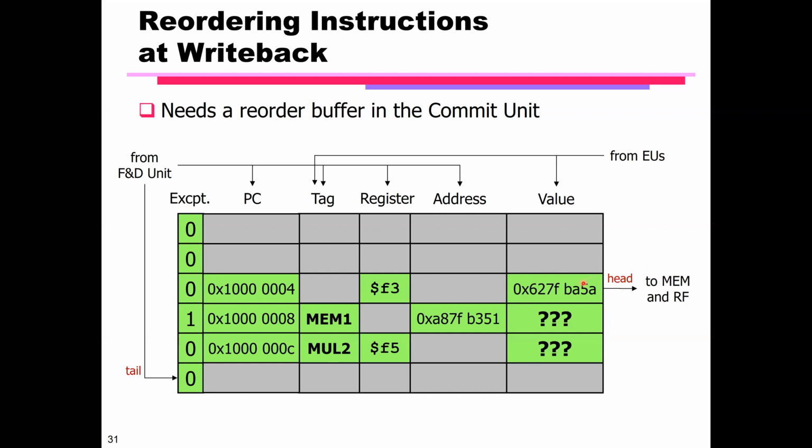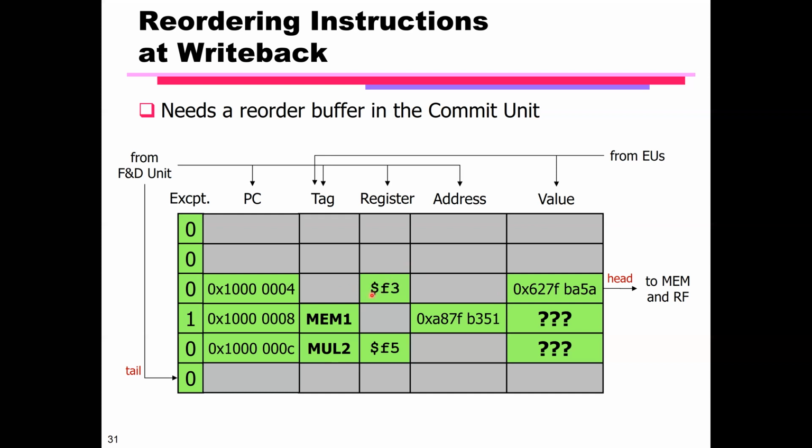I look at the first instruction, and if the first instruction has a value and doesn't have a tag, it means that this instruction, which is the oldest one in the machine, has been executed, and it's time to announce to the user, to the world, that we have executed this instruction. So I take this value and I put it in register F3.